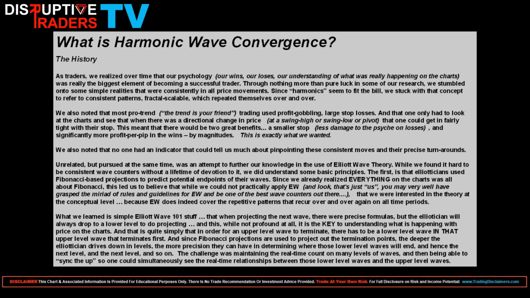Since Fibonacci projections are used to project the termination points, the deeper the Elliottian drives down in levels, the more precise they can be in determining where those lower level waves will end, and hence the next level and the next level and so on. The challenge was maintaining the real-time count on many levels of waves and syncing up so one could simultaneously see the real-time relationship between the lower level waves and the upper level waves.